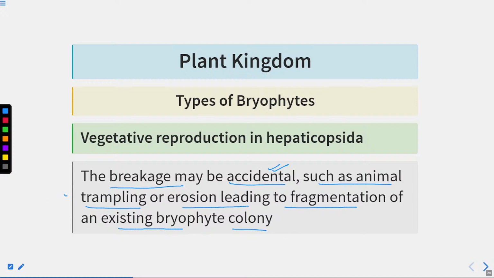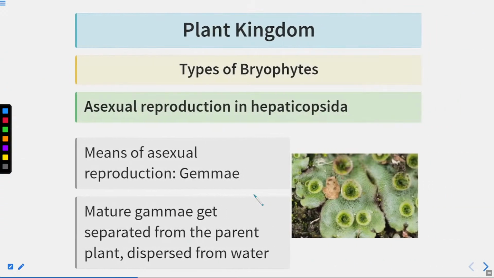So sometimes animals are trampling over these gametophytes of the Hepaticopsida, and sometimes there is fragmentation due to erosion also. So that can lead to the decay of one part and leave some branching part in the soil. That branch part can later grow and give rise to a new gametophyte.